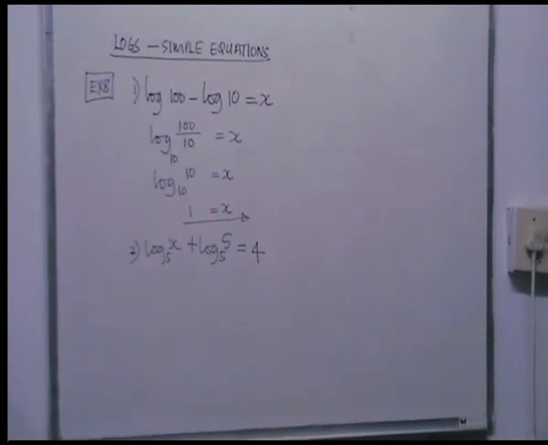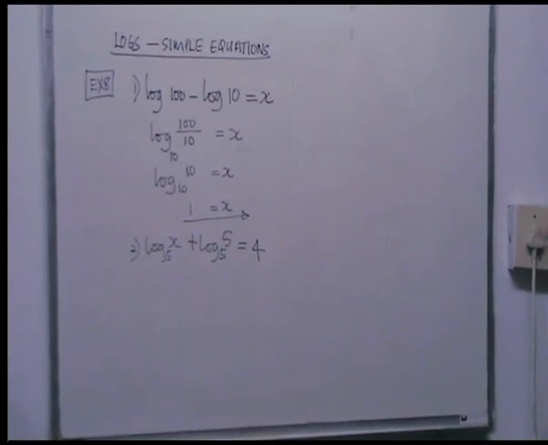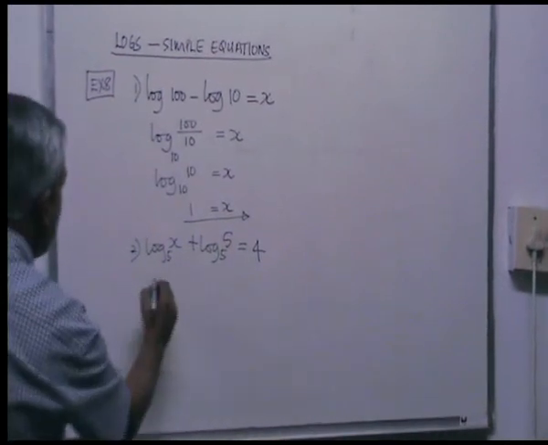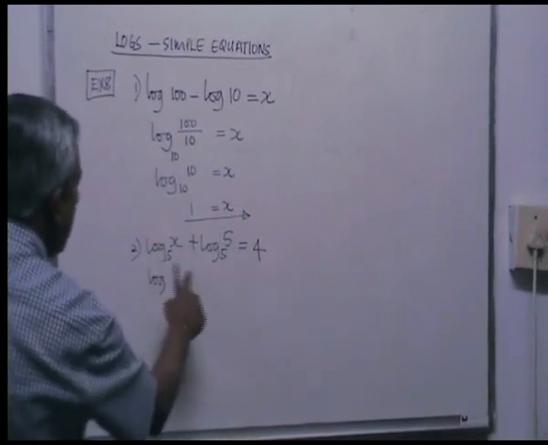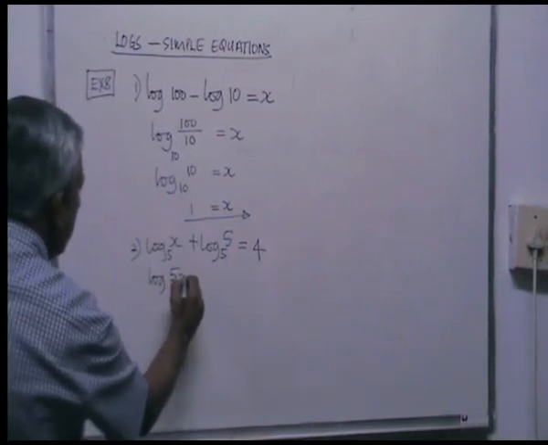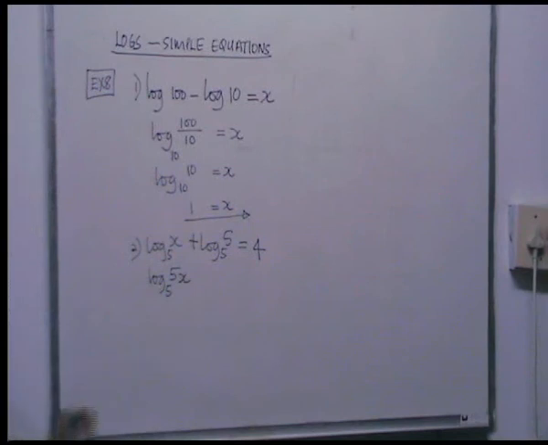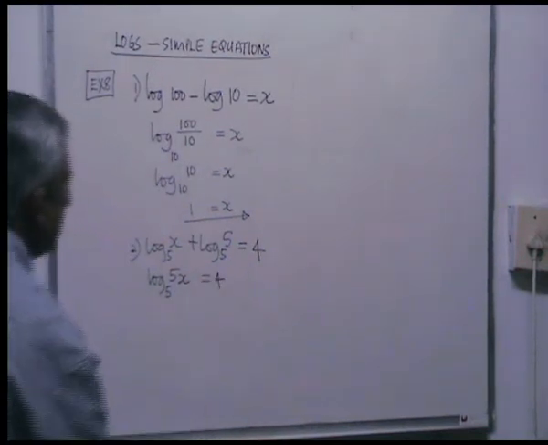Let's suppose you saw this and told yourself, well, I'm going to multiply. There's A plus B, and there's x and 5, so it will be log of 5x to the base 5, using the product law, multiply these two numbers, is equal to 4.